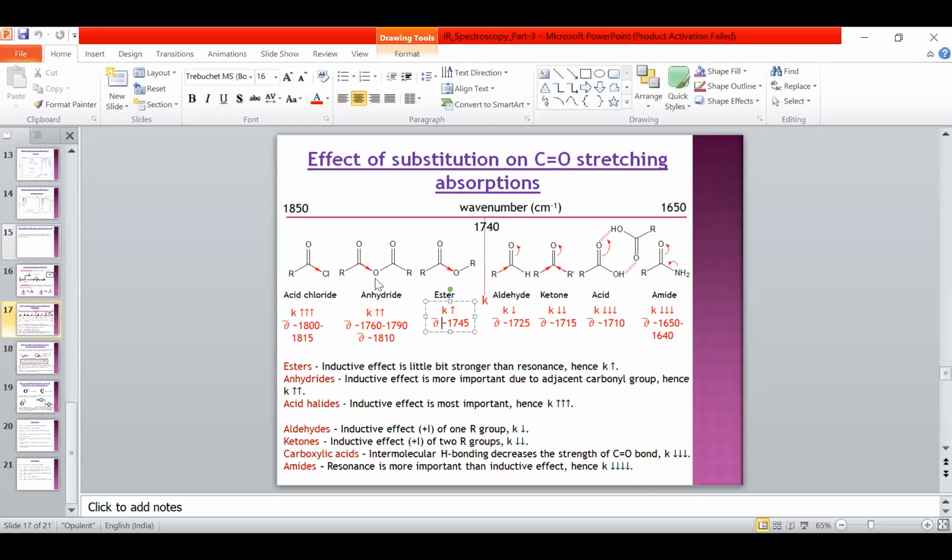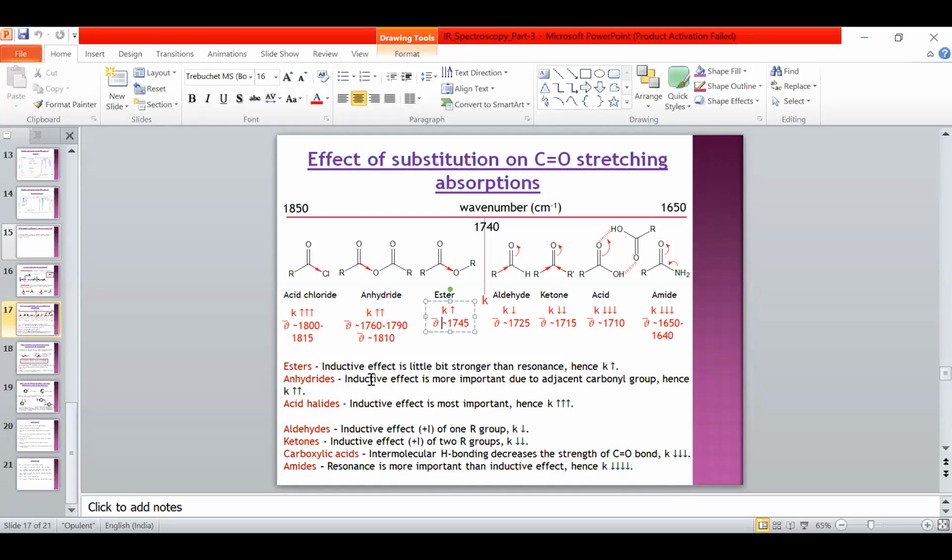Moving over to anhydride. This oxygen again has inductive effect, but in this case, this inductive effect will be stronger. Why? Because adjacent to this oxygen, we have a positively charged carbonyl carbon. So this carbonyl carbon is delta positive and this oxygen is delta negative. Because of the positive nature of this carbon, this oxygen becomes even more electronegative and pulls the electron towards itself more strongly.